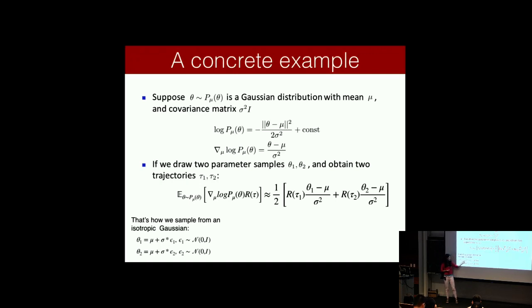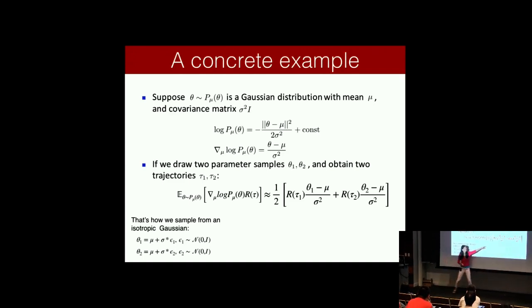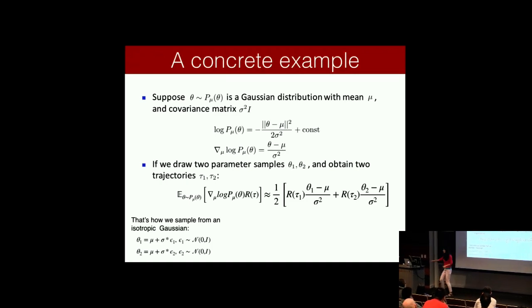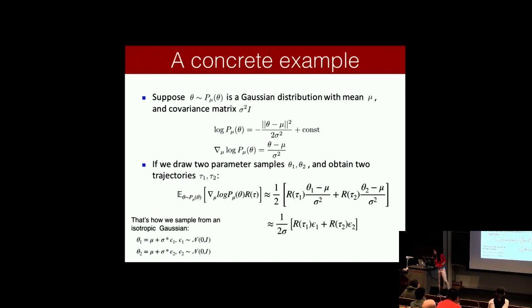And then you do mu plus sigma epsilon 1 for theta 1, mu plus sigma epsilon 2 for theta 2. Epsilon 2 is as long as your neural network weights. Make sense? Very nice. So now here is what happens. If you put this theta 1 there, the mu cancels, and this sigma cancels with the denominator. So what we are going to end up with is this.